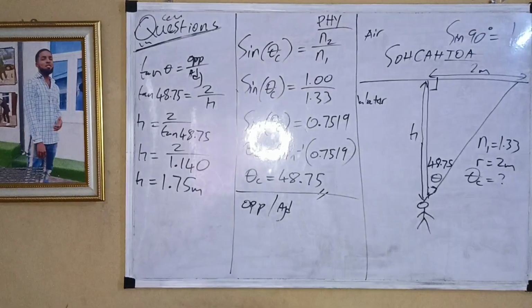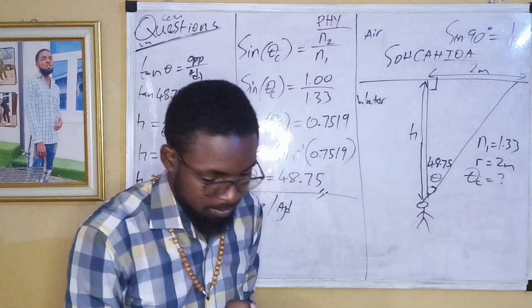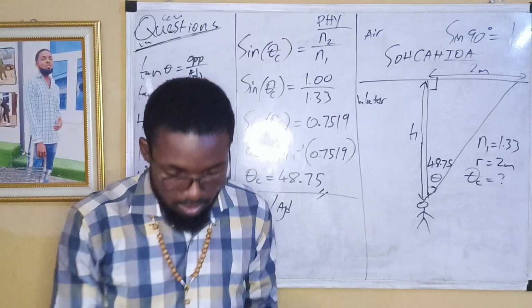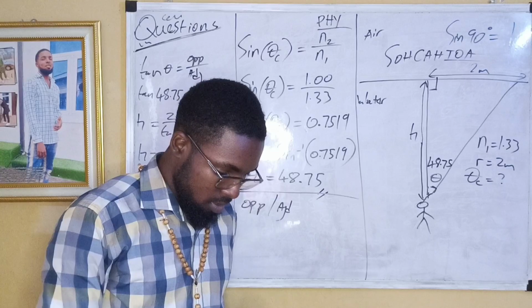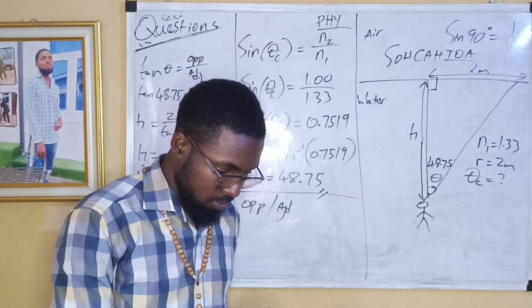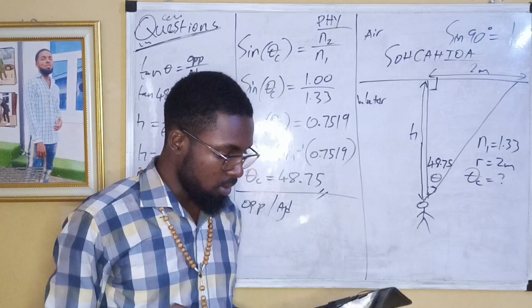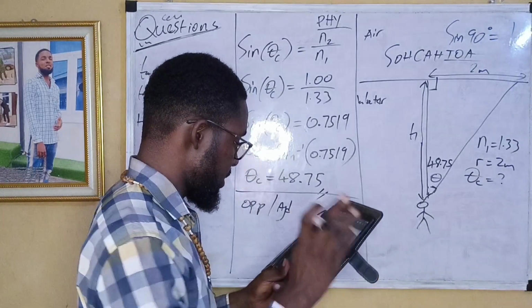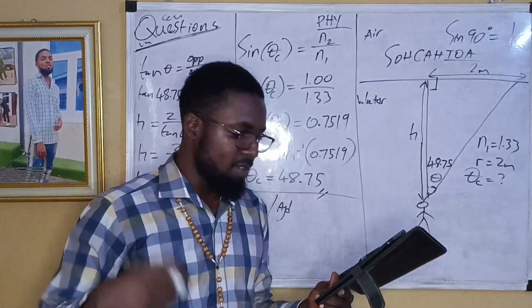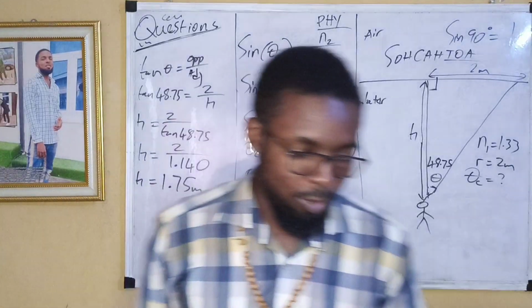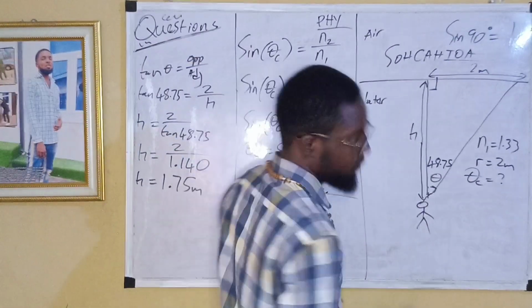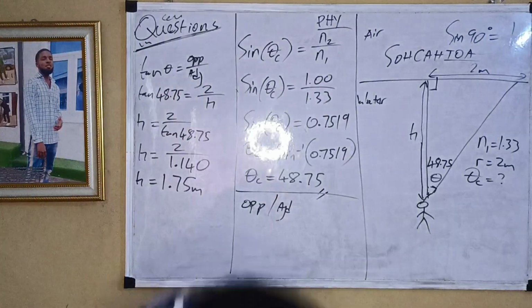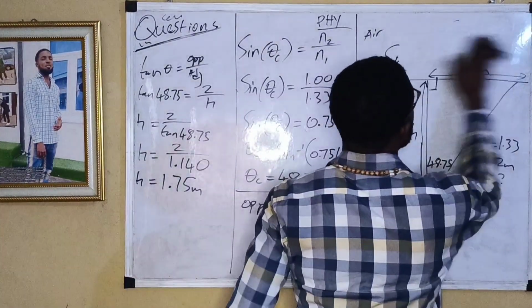Then what next again? Question 3. Question 3 says, how deep would the diver appear to be when viewed from above?